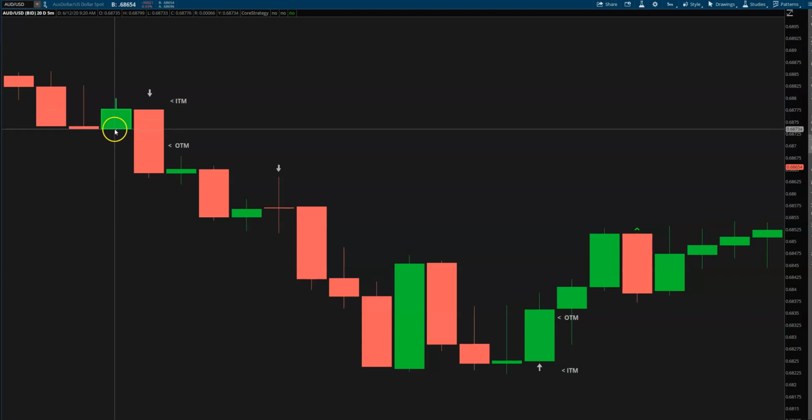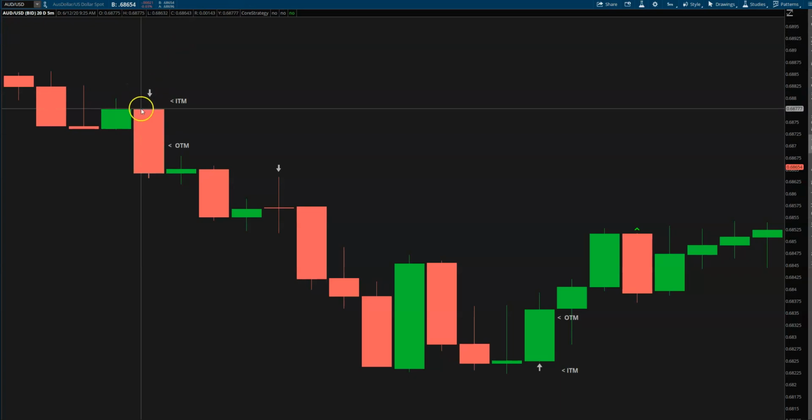You have this body here, and that spike means prices went up that high and settled down, but your opening is going to be right here, because this green or this red is always based on the opening. If it closes above the opening, it's green. Closes below the opening, it's red. Most people know that about candles.